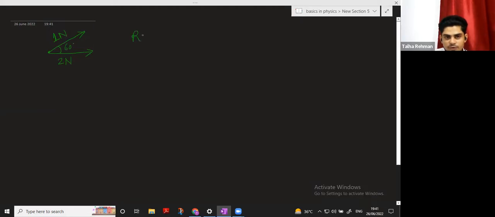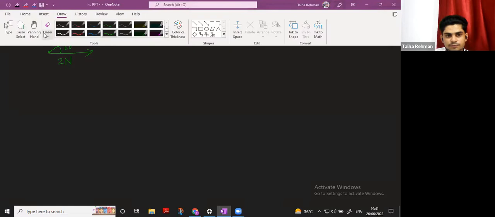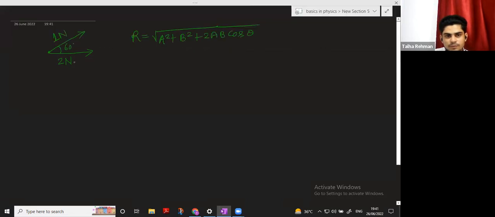And we have a formula of a square plus b square plus 2ab cos theta. And this is our a, this is our b, and theta is 60 degree. Now we can solve it easily.